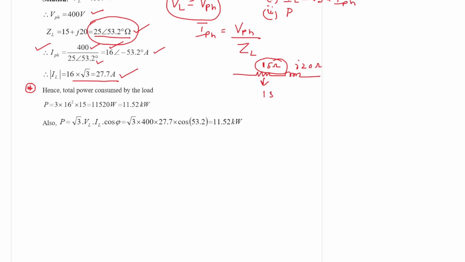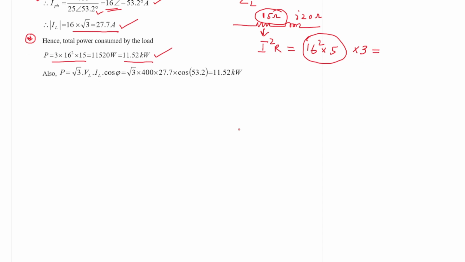So the power consumption is I square R. I is 16 because it is the phase current. So it will be 16 square into 15, which is the power consumption in a single phase. If you multiply it by 3, that is the total power consumption, so it will be 3 I square R. If you solve this, you will get 11.52 kilowatt. This is the first approach.